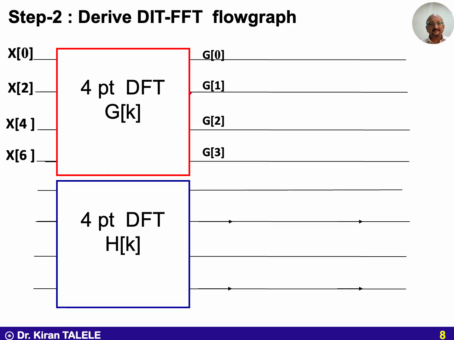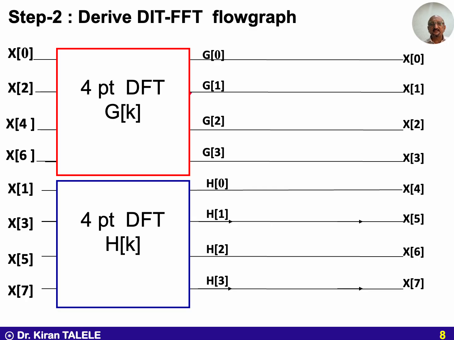In the second step, let's calculate H of k, that is DFT of x of 1, x of 3, x of 5, x of 7 and the corresponding output terms will be H of 0, H of 1, H of 2 and H of 3. Output is always in order. Input is in decimated order, alternate values. This is only for even terms and this is only for odd values of n.